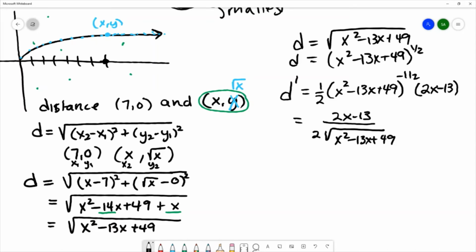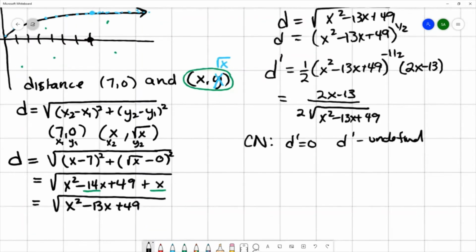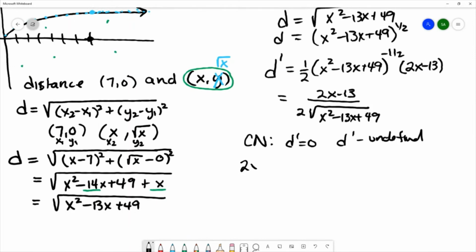So I've calculated the derivative and I need the critical numbers. The critical numbers are where the derivative is equal to 0 or the derivative is undefined. So if I set the numerator equal to 0, that's going to give me where the derivative is equal to 0.